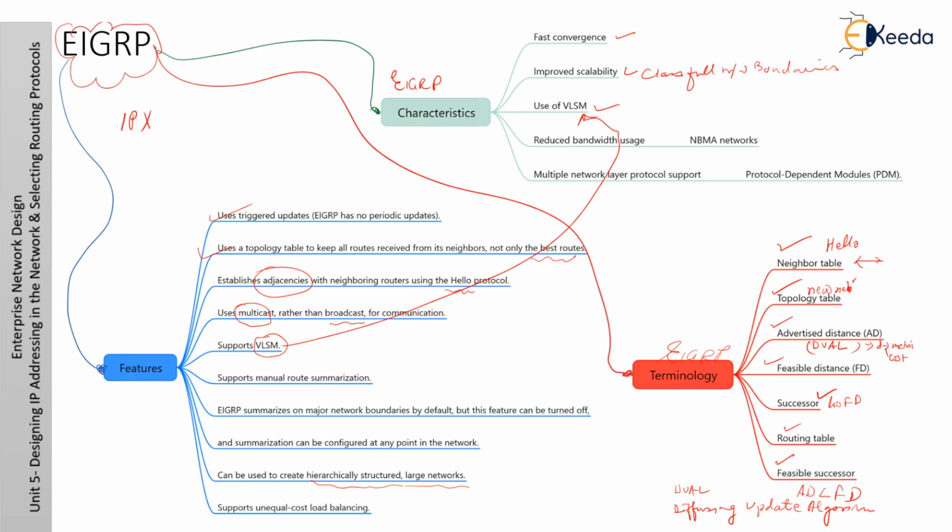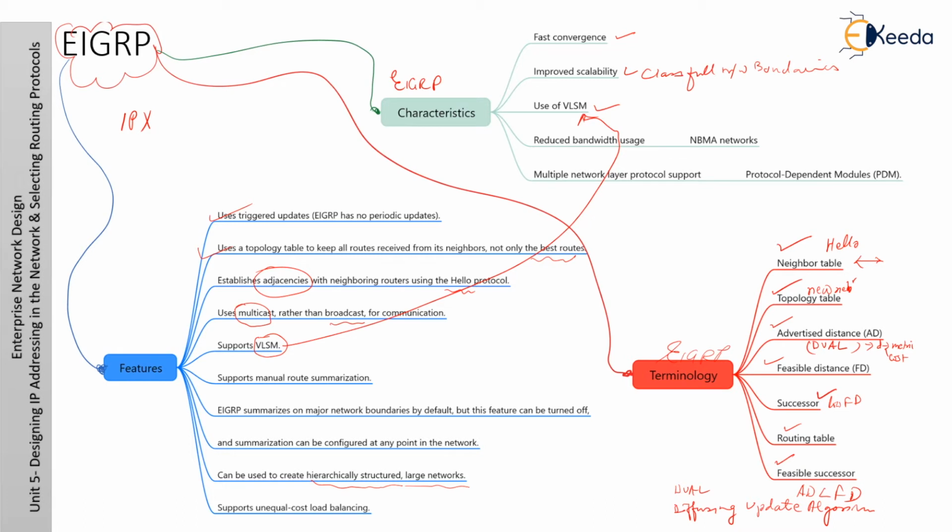Because EIGRP is a classless routing protocol, it sends subnet mask information in its routing updates and therefore supports VLSM. So this is the reason why it supports VLSM. But in the case of improved scalability, it works on classful network boundaries also.